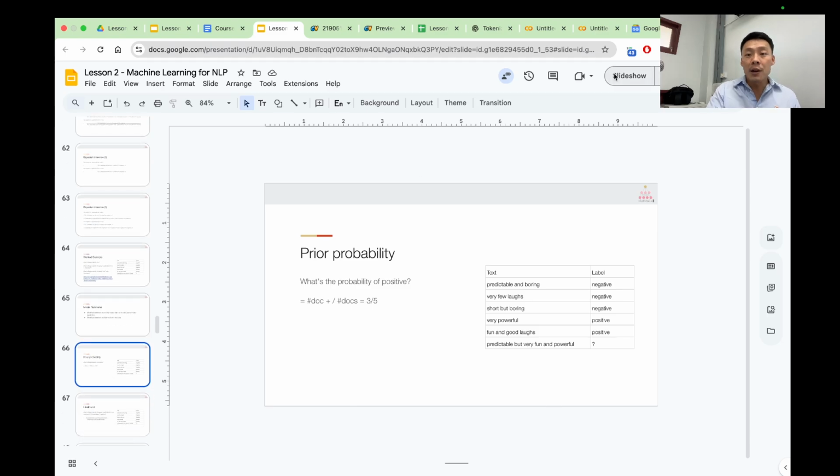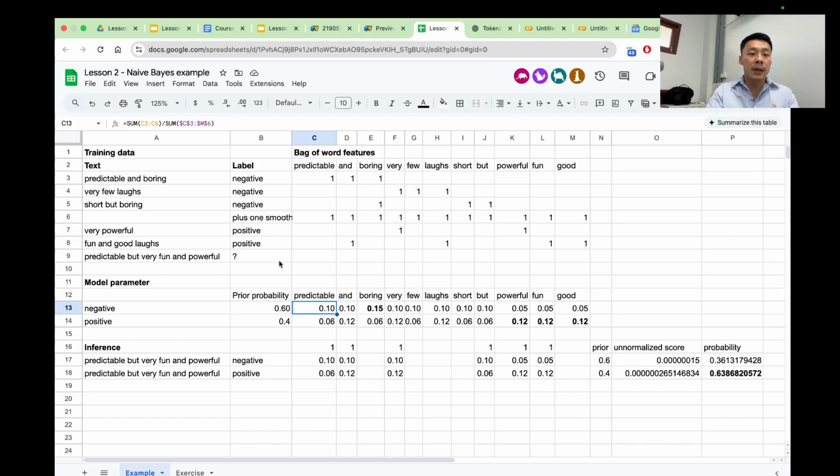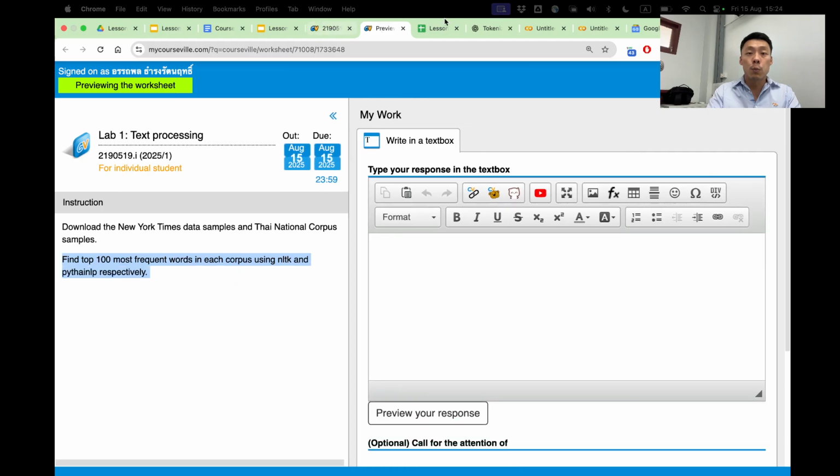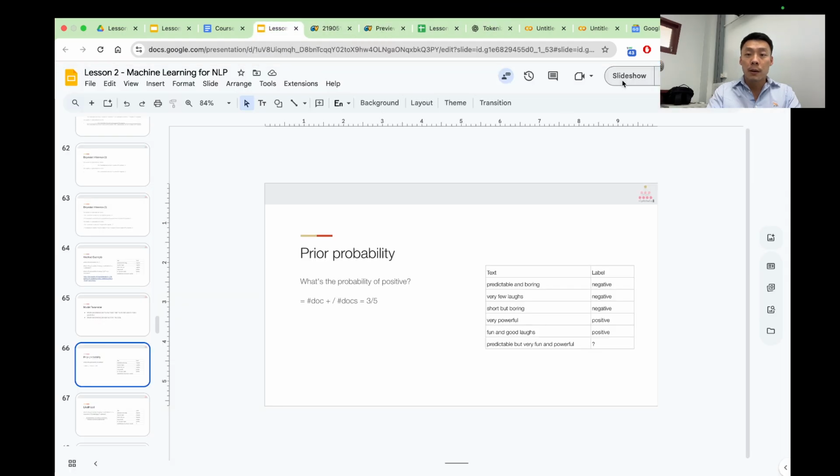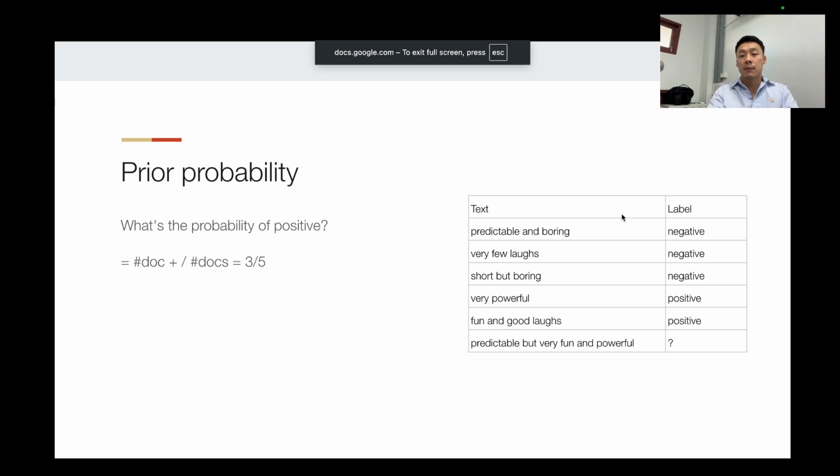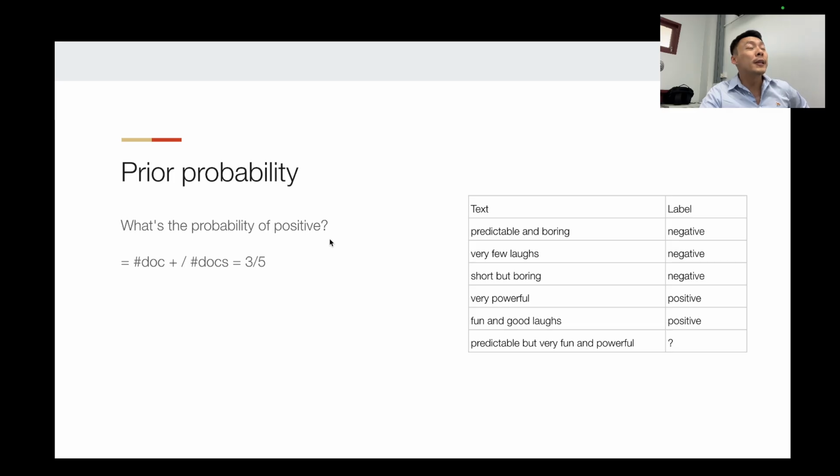First, prior probability. We need the prior probability of the negative example and the positive example. For this one, this is the same data set. The prior probability of positive is the number of documents that are positive divided by all documents in the training set.